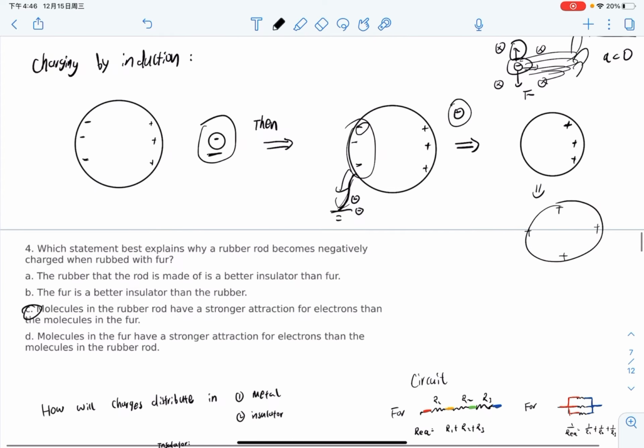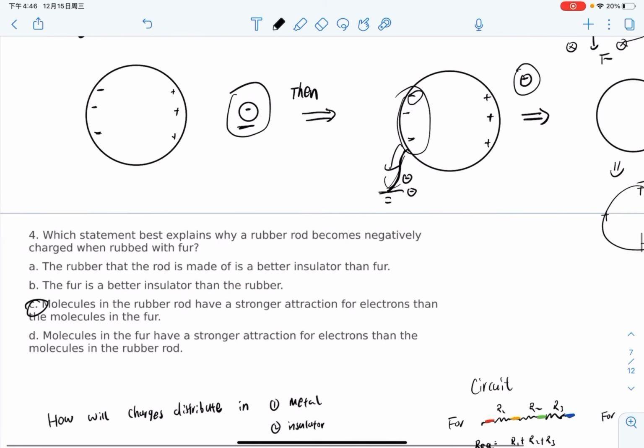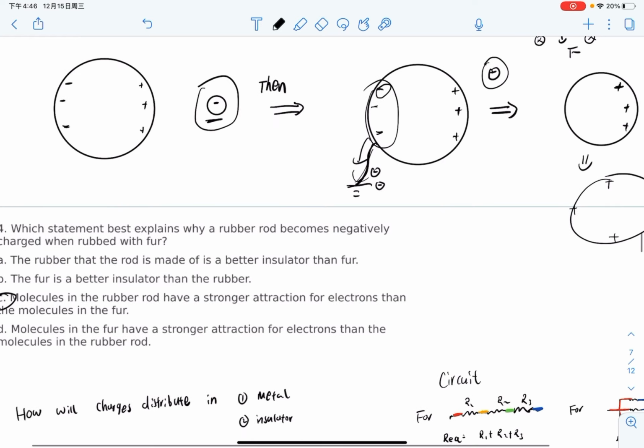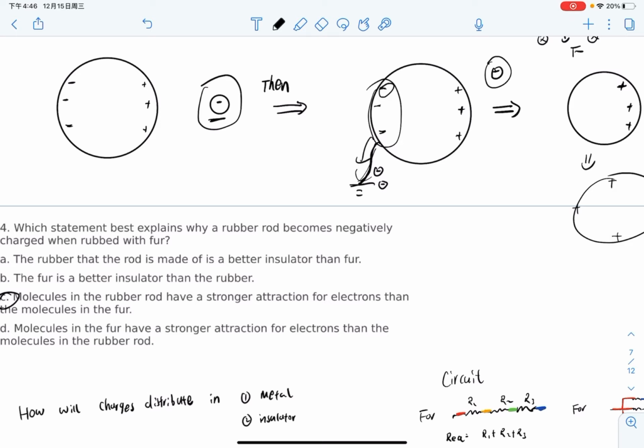And we're going to take a look at charging by friction. So for charging by friction, you just need to know which object likes the electron more.